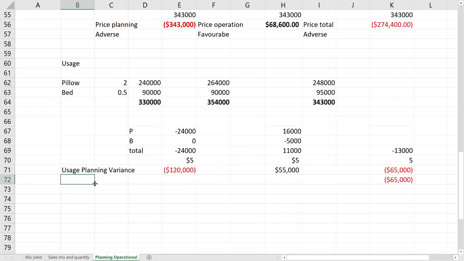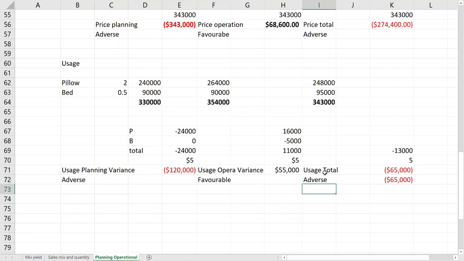Which is adverse, because we changed a few things in plan. And then we have usage, operational variance, okay, which is favorable. And then we have usage total, which is adverse.